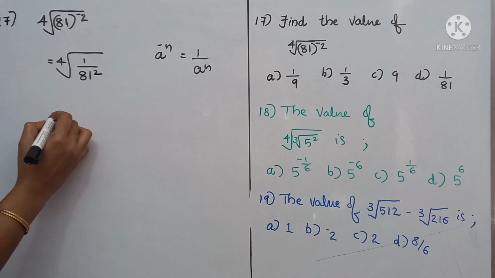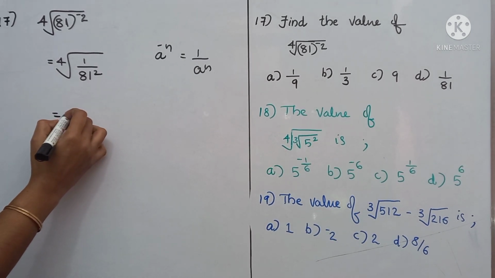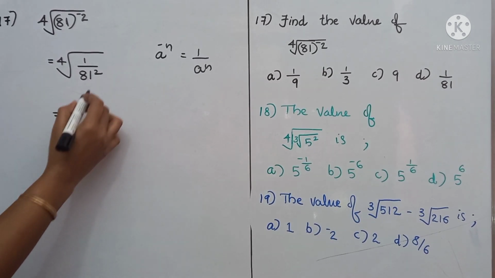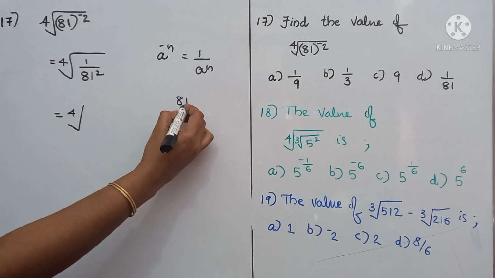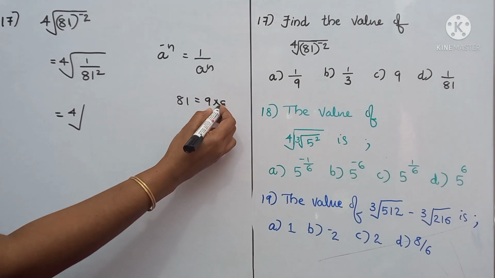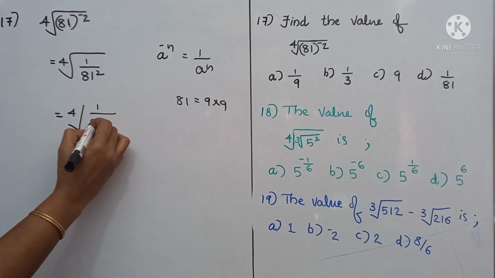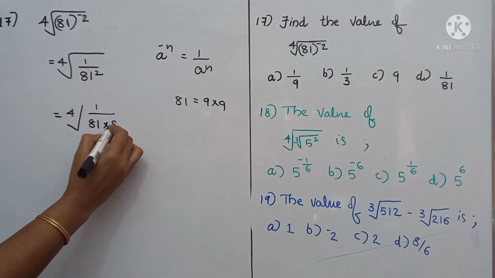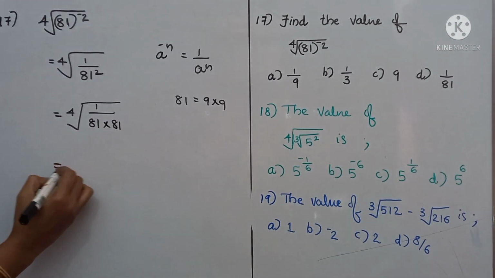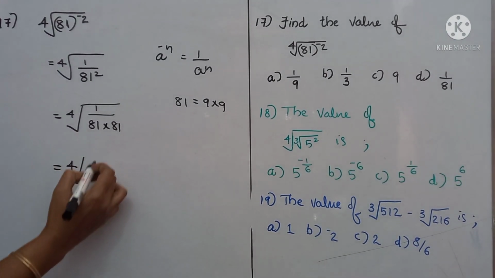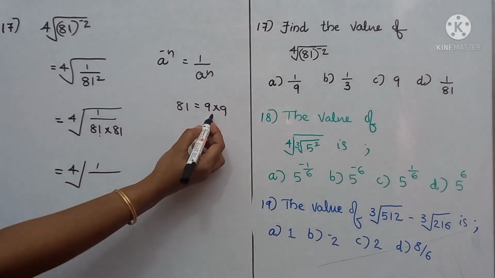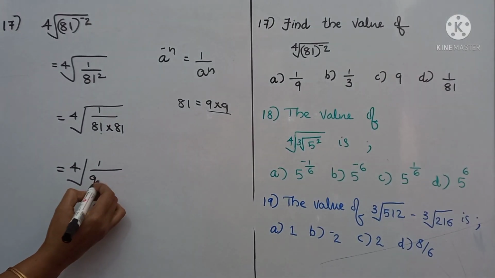And that is equal to fourth root of 81 square. 81 you know, that is equal to 9 into 9. So one more step, we can write 81 square is 81 into 81. Then next step we can write fourth root of 1 divided by 81. Instead of 81 we can write 9 into 9.